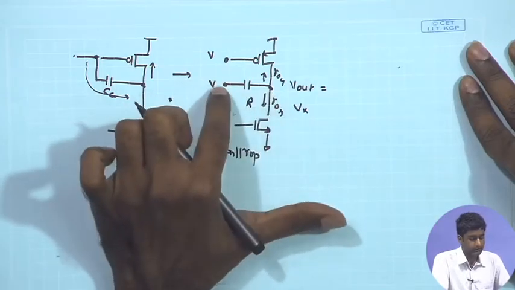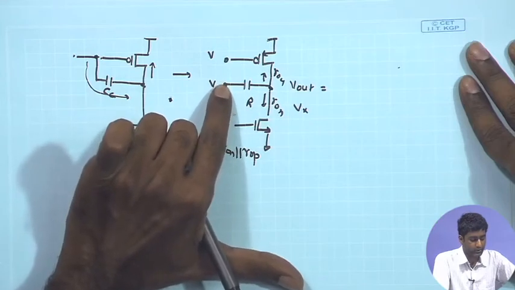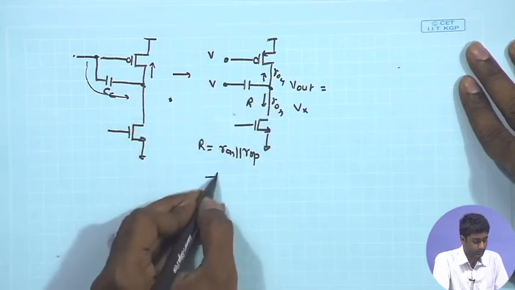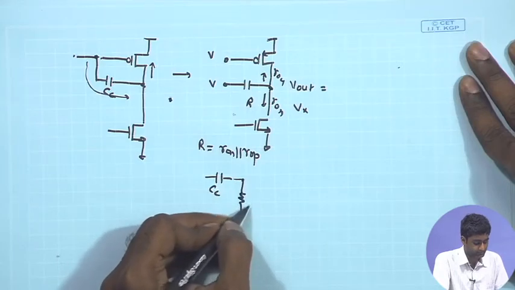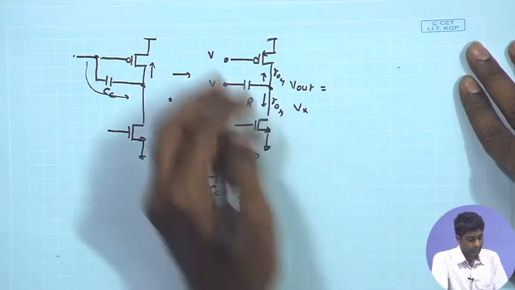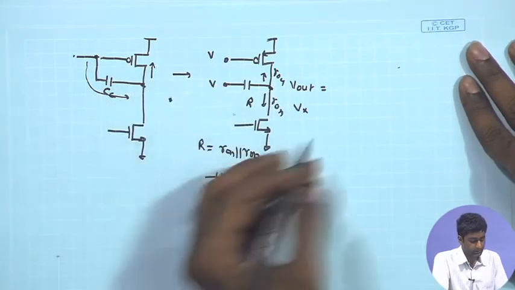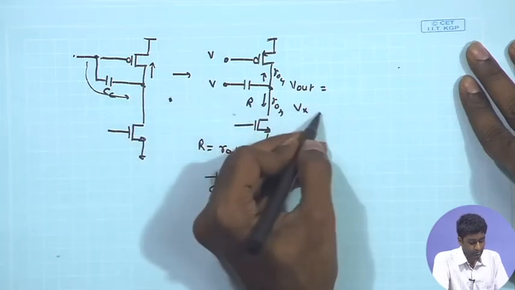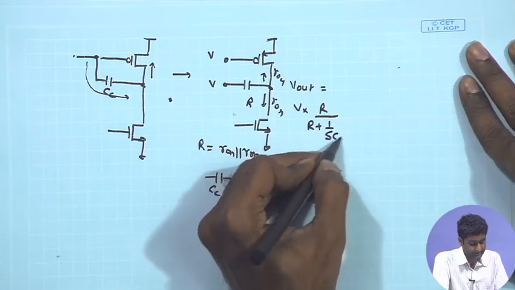Effectively, if I am looking at the voltage division, this particular voltage is applied to a voltage divider formed of this capacitor Cc and R. So, the expression of V out because of this particular signal is just going to be V into R upon R plus 1 upon SCC.